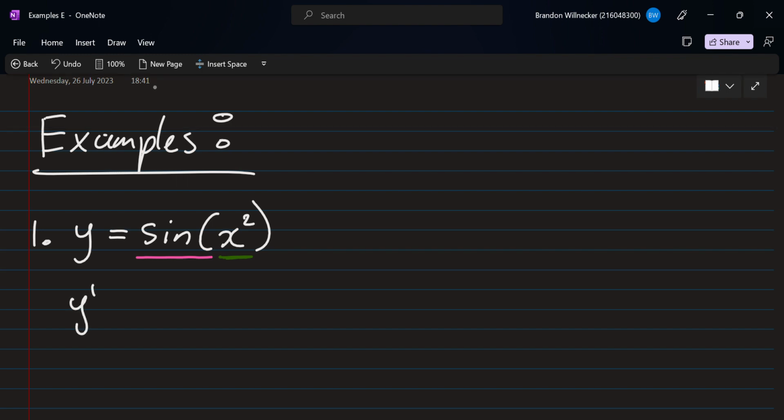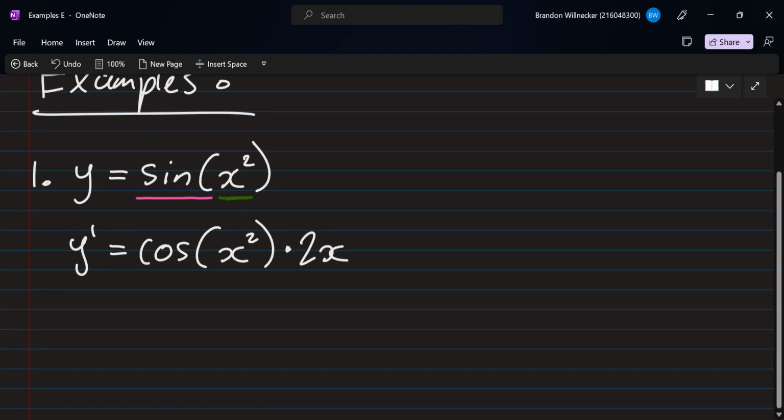So y prime is going to be the derivative of the outside function. That's going to be cos. So it will be cos x squared, remember, we leave the inside part alone, times the derivative of the inside part, that's going to be 2x. Okay, and we can stop there. Okay, so that's the first example.